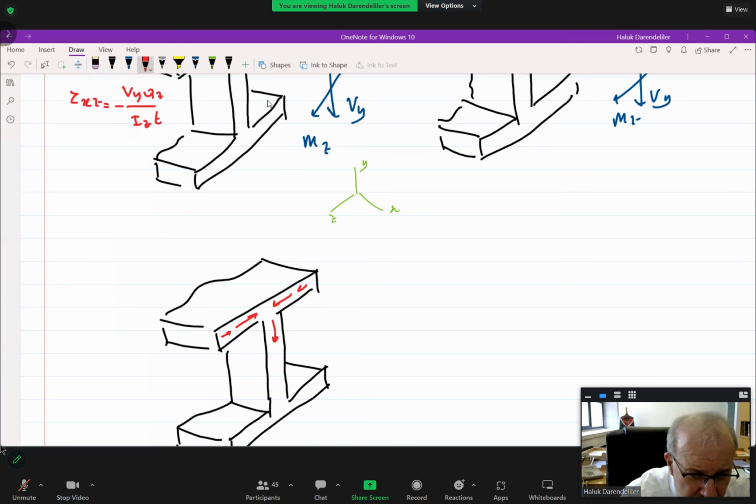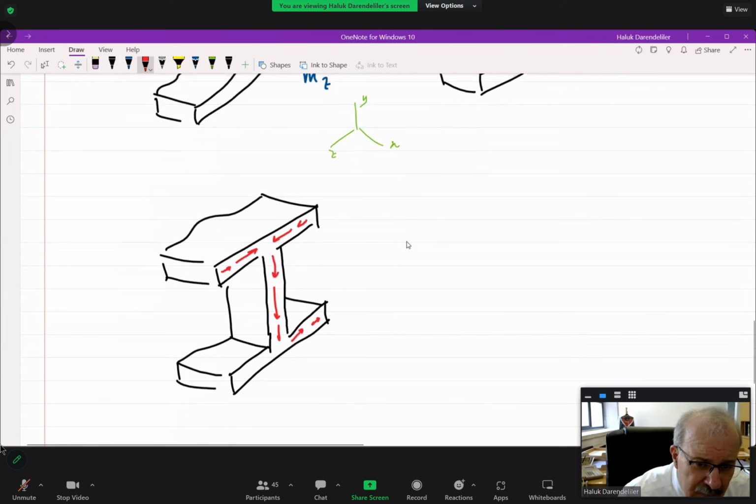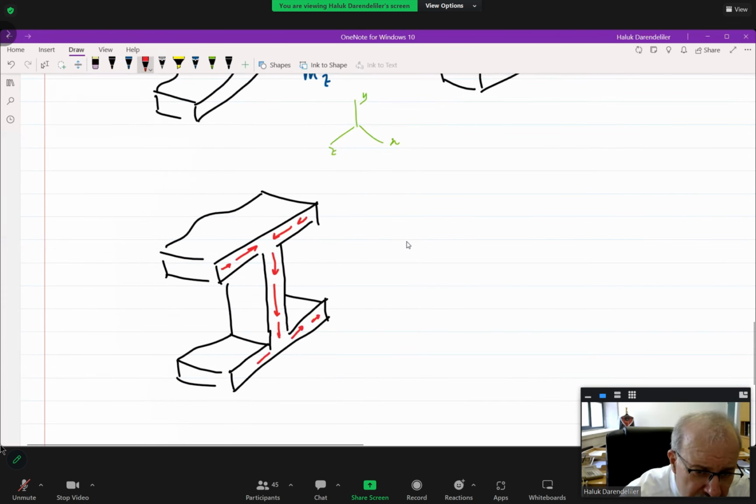Then it flows in the downwards direction, decreases again, then turns back to this direction and becomes 0 at the end. Then the same thing is valid for this portion. q flows in this direction and becomes 0 at the end. Okay, so if this is q1, if this is q2, now here we have q, which is equal to q1 plus q2. Burası anlaşıldı mı arkadaşlar?